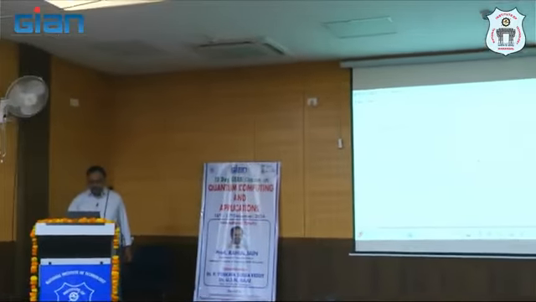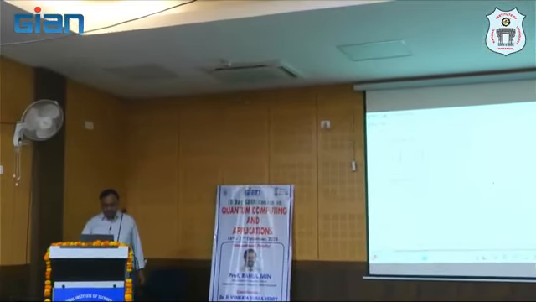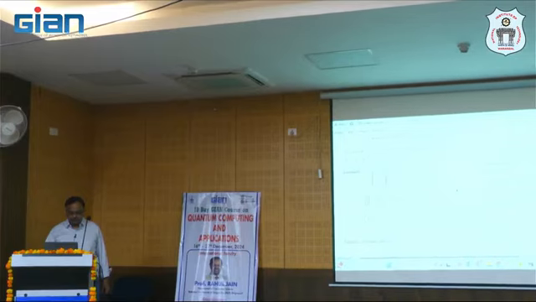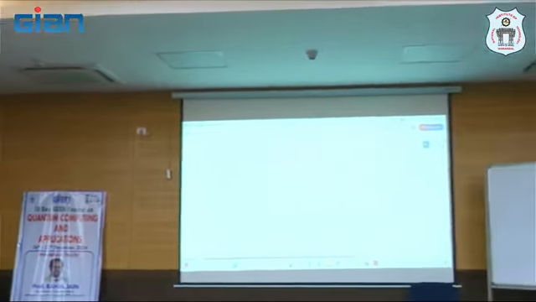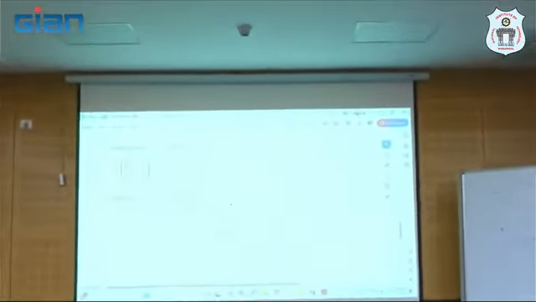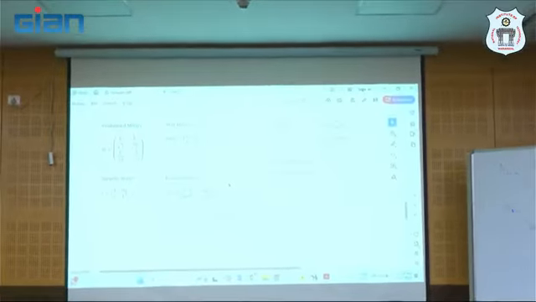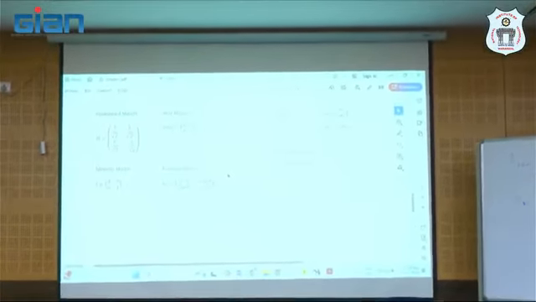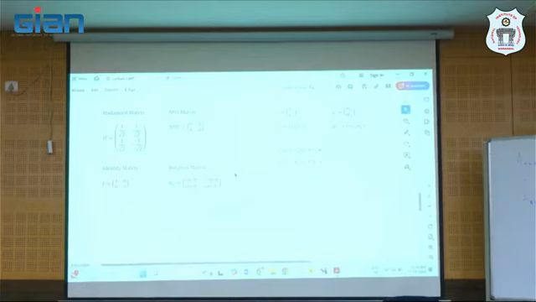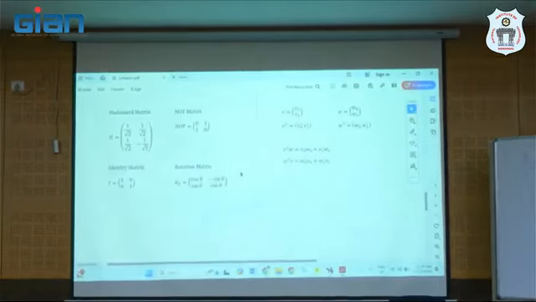Okay, let us look at some examples of unitary matrices. This Hadamard matrix, we are going to use this Hadamard matrix a lot.